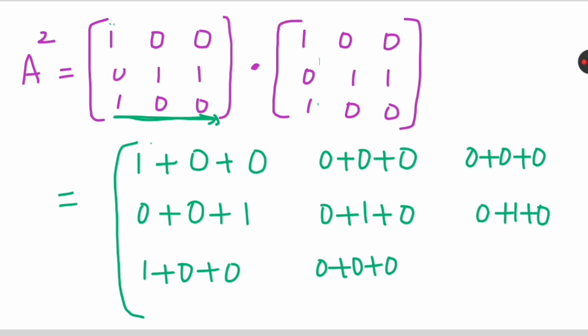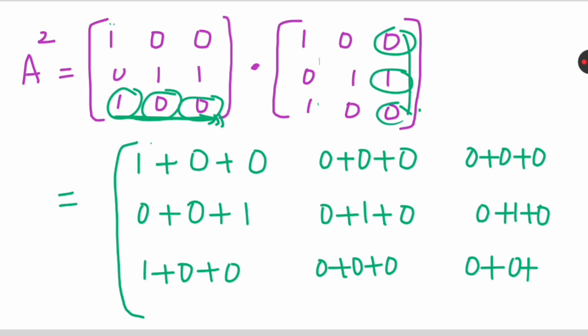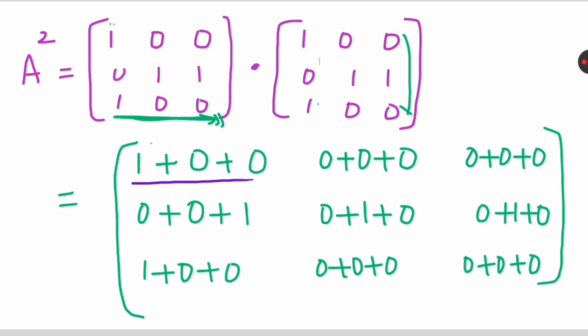Now the last element, third row and third column: 1 times 0 is 0, plus 0 times 1 is 0, plus 0 times 0 is 0.